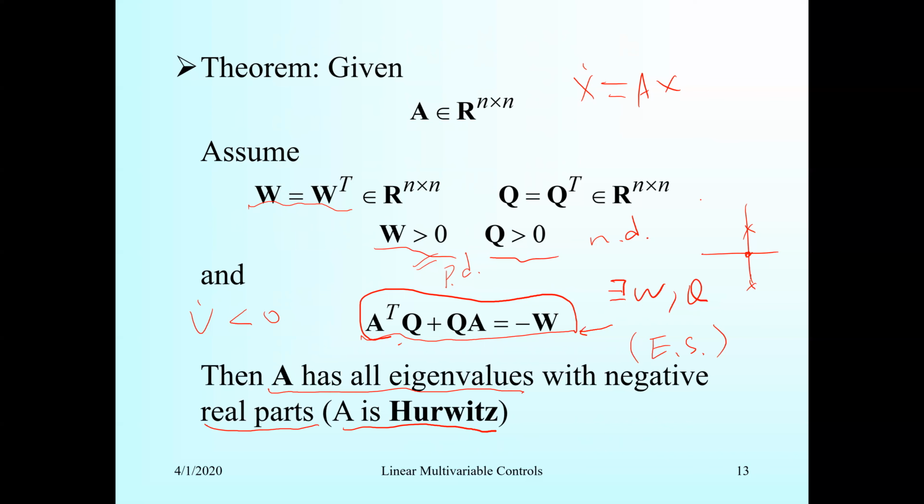It's all in the left half plane. So this is a very important concept. We exclude those zeros at the origin, that kind of argument.